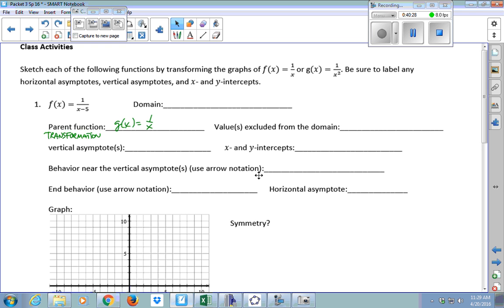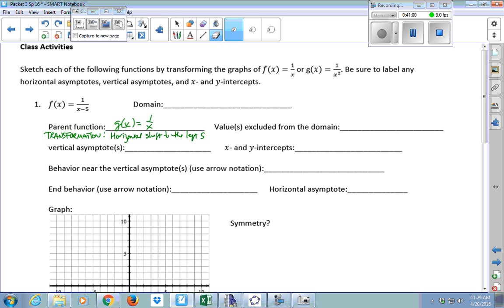And so what's being affected here, the output or the input in this function? Output would look like this. The input, your x, is having 5 subtracted from it. So this is a horizontal shift to the left five units.